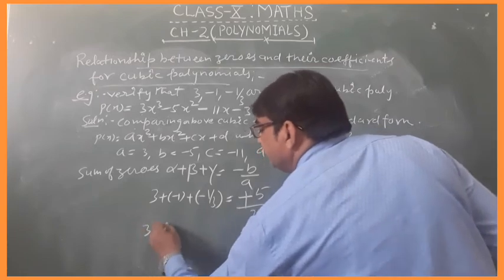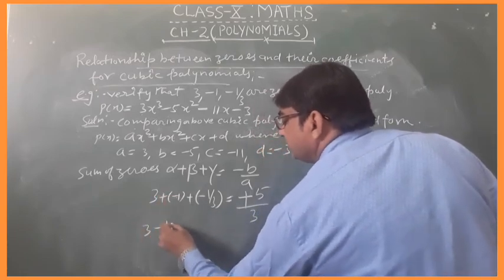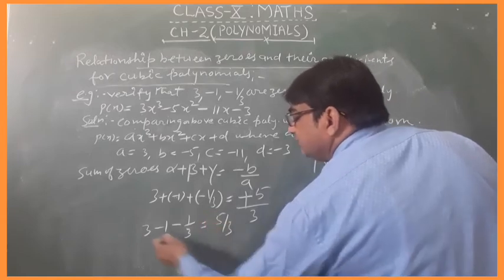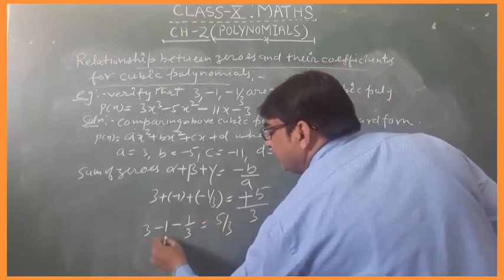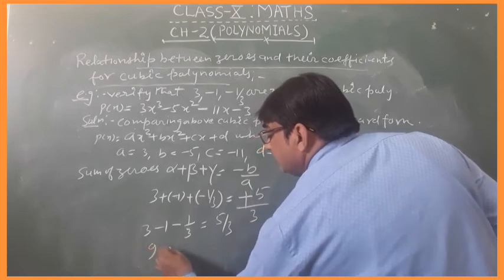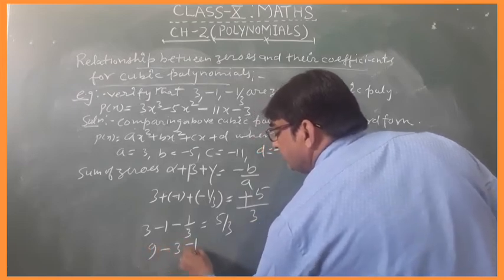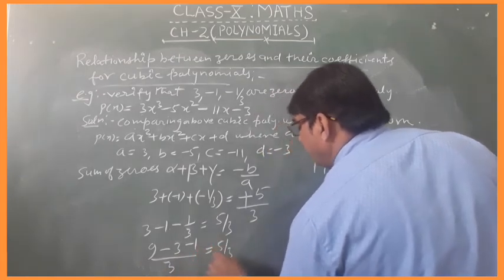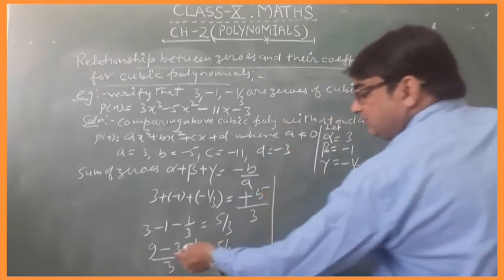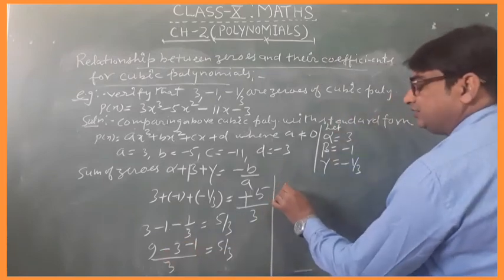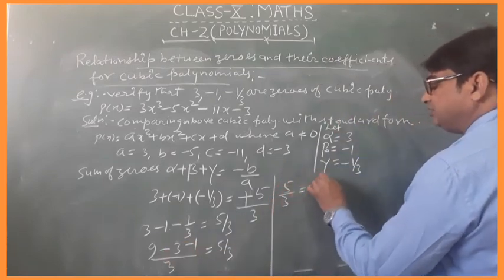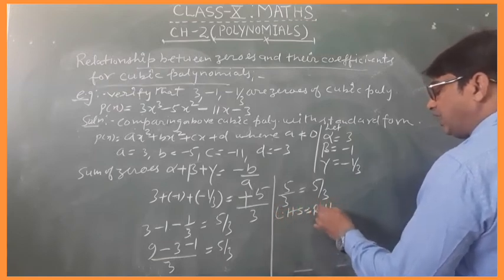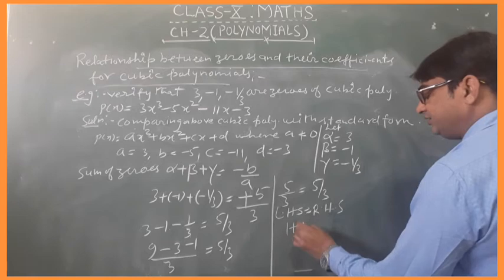Then 3 times 3 is 9, minus 3, minus 1 upon 3 is equal to 5 by 3, and this is 9 minus 4 by 3, which means 5 by 3 is equal to 5 by 3. LHS is equal to RHS, hence verified.